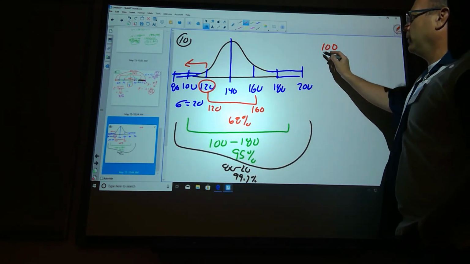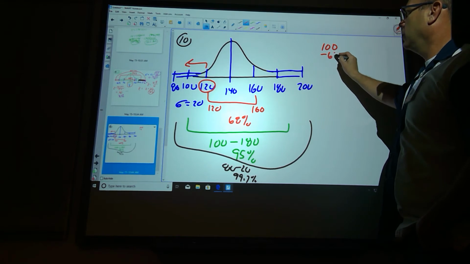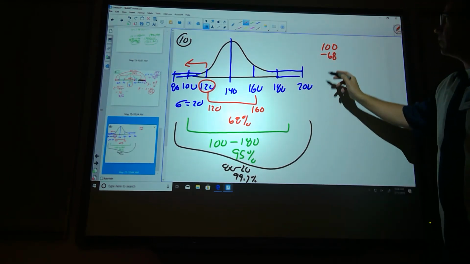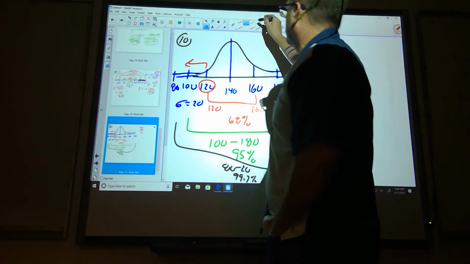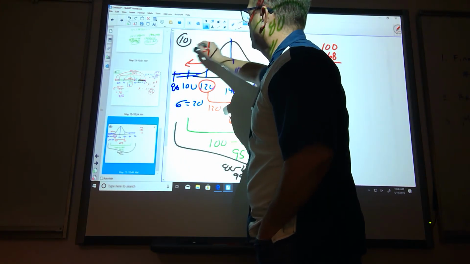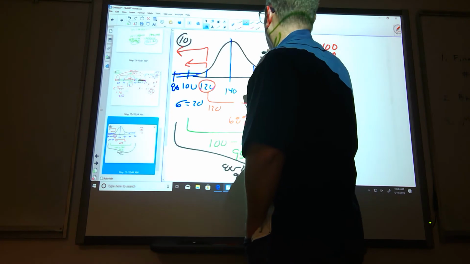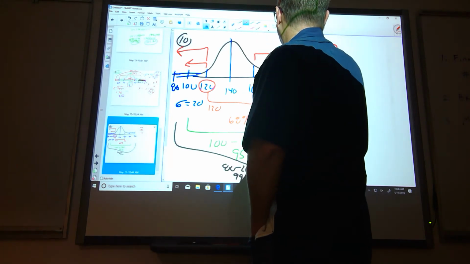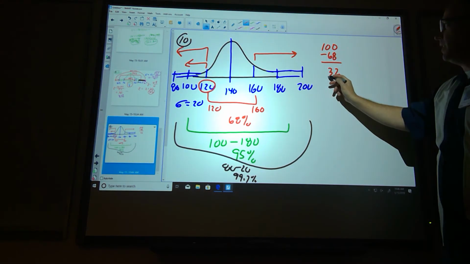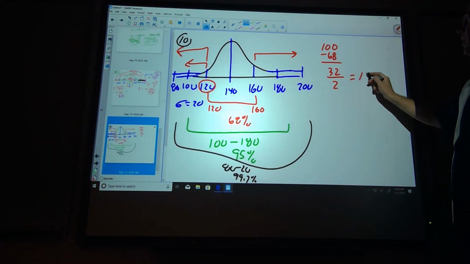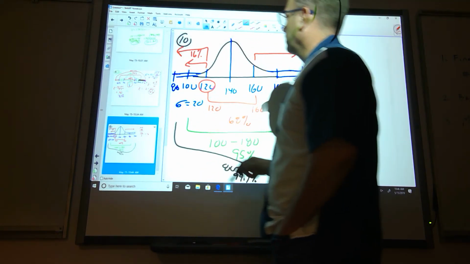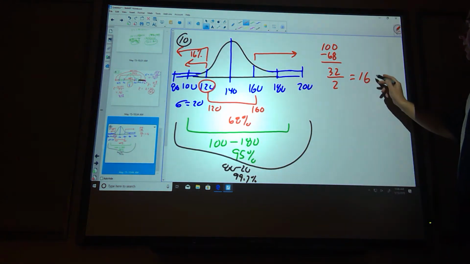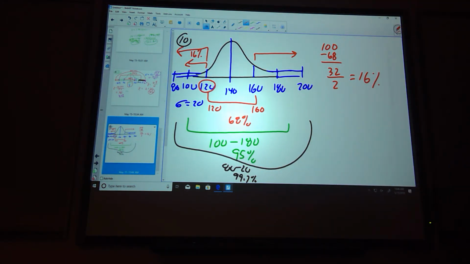I'm definitely going to subtract the 68% from that, and that gives me 32%, which is here and here. I want to divide that in half because I only want one of them. So 16% of my population falls over here. So I have a 16% chance that there's less than 120 coins in this wishing well.